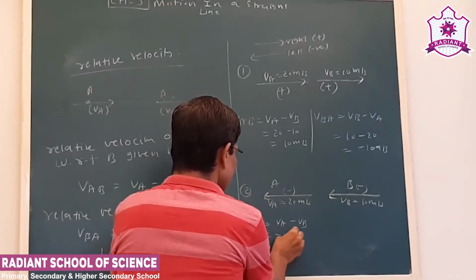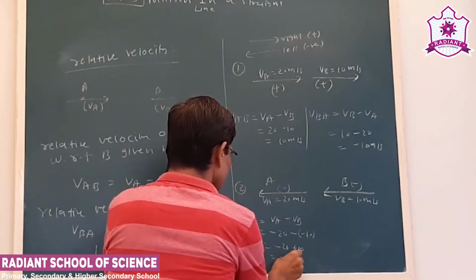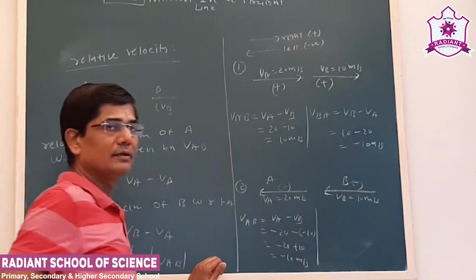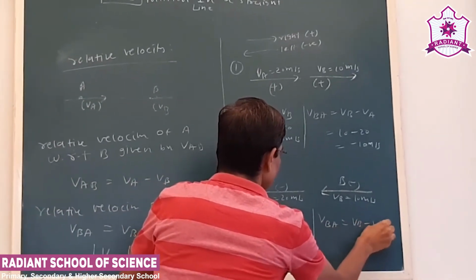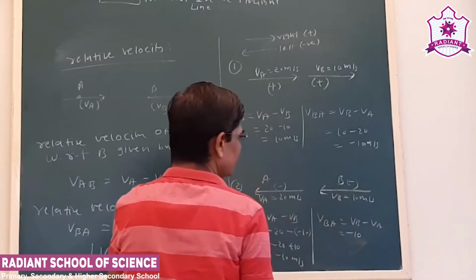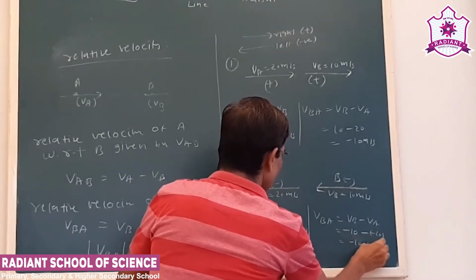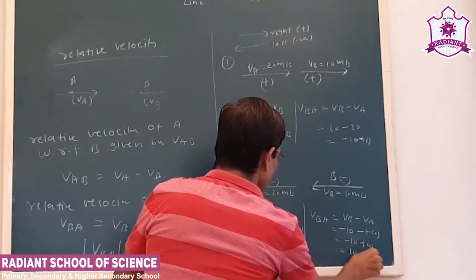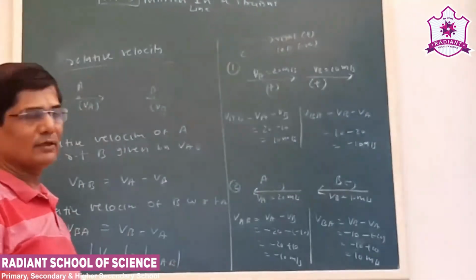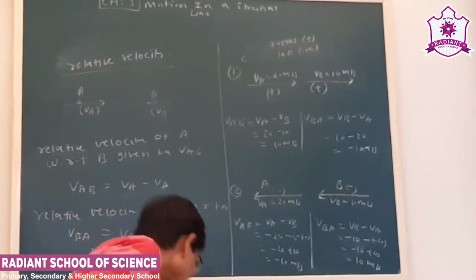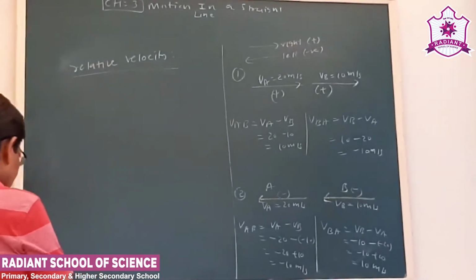So it will be minus 20 minus of minus 10, that is minus 20 plus 10. Now we find VBA, VB minus VA, VB is minus 10 minus VA. Here also, if we talk of their magnitude, it will be the same. Now see the third possibility, both are approaching each other.